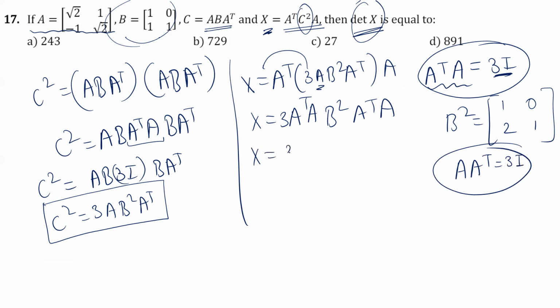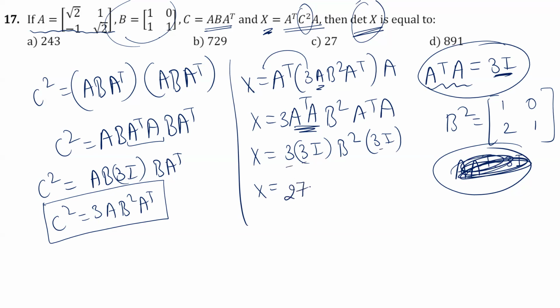So here this will be 3, A transpose A 3I, then B square, then A transpose A again 3I. So you need only A transpose A. So this 3, this 3, this 3, this will become 27I and then B square only.